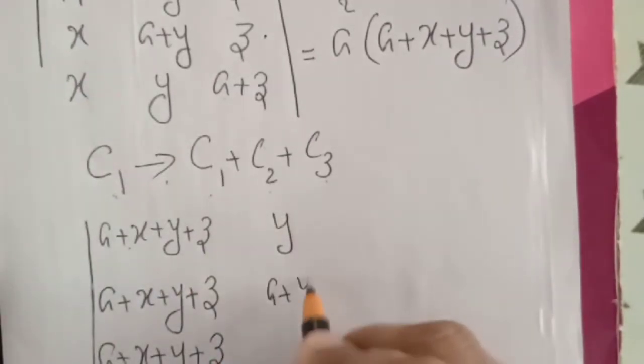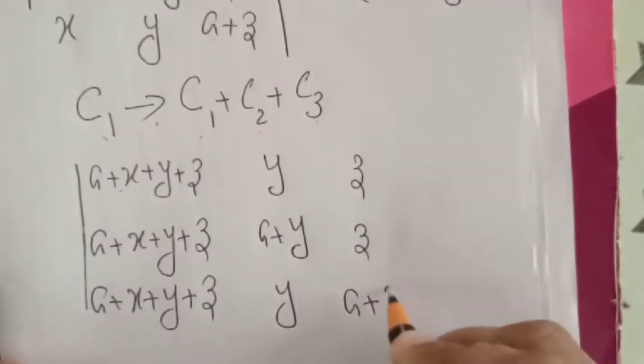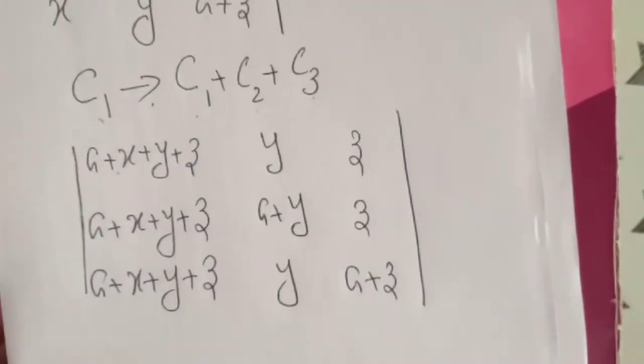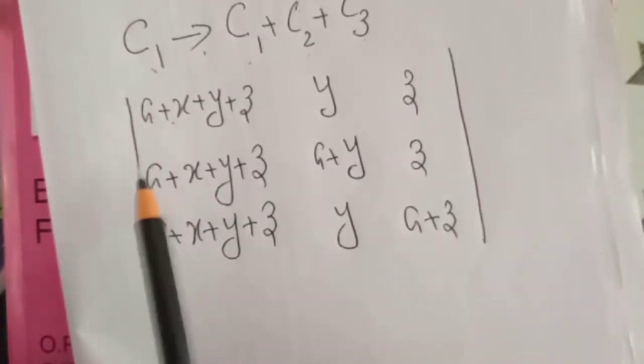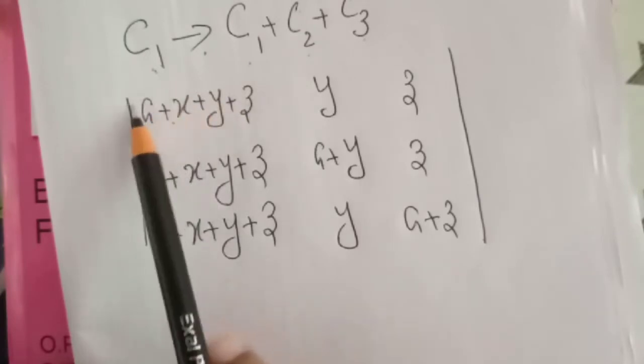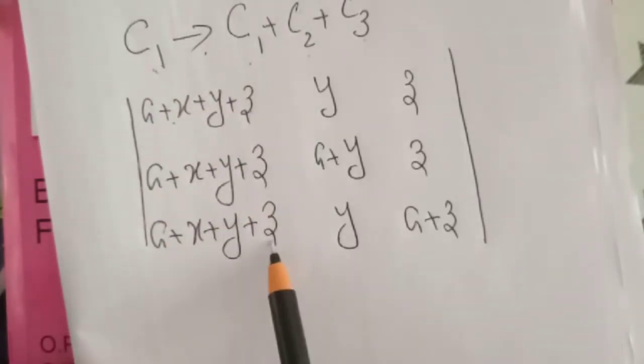Y, a plus y, y, z, z, a plus z. Okay. What does the third property say? The third property says if there is any common factor in any row or column, we can take that common factor outside. Therefore, what's the common factor? Here, the first element is a plus x plus y plus z, a plus x plus y plus z, here also the same.